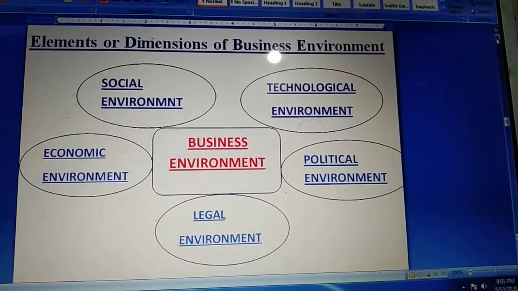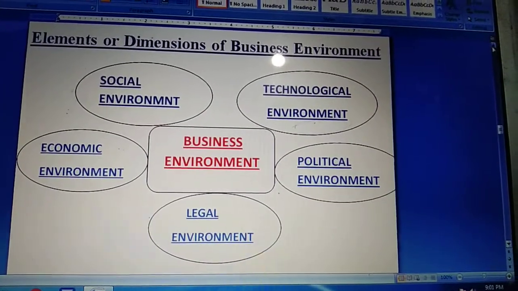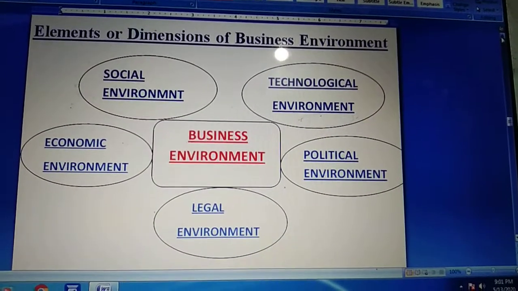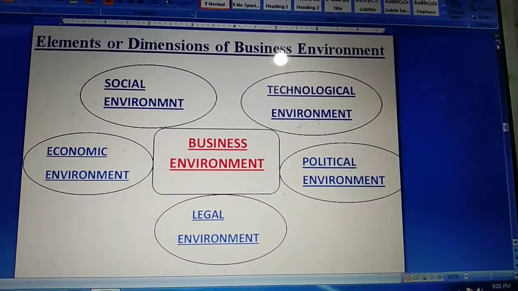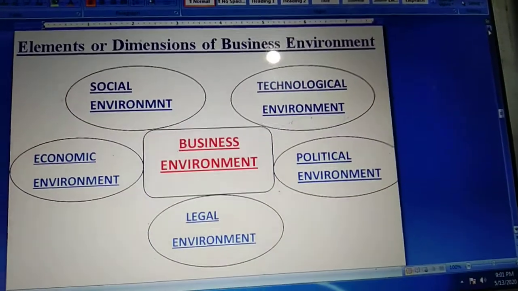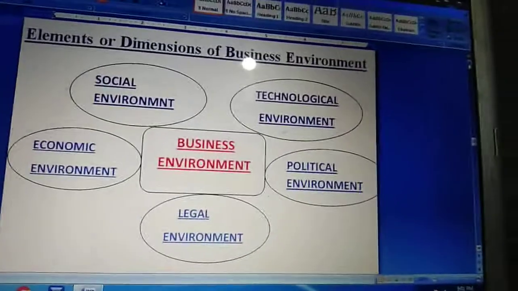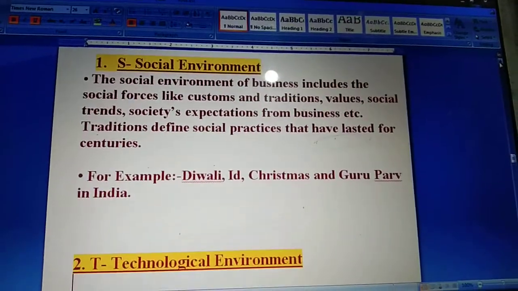How the political condition of your country will affect our business is political environment. How legal laws and legislature will affect the business, we will read in legal environment. And how the economic condition of your country is going to affect your business, we will see in economic environment. So let's start with the first one, that is your social environment.